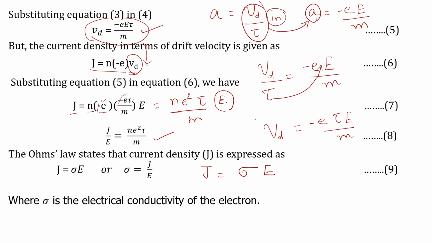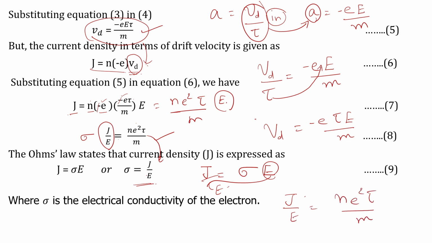Thereby, sigma is equal to J by E. We can compare this with the eighth equation, J by E is equal to n e square tau by m.